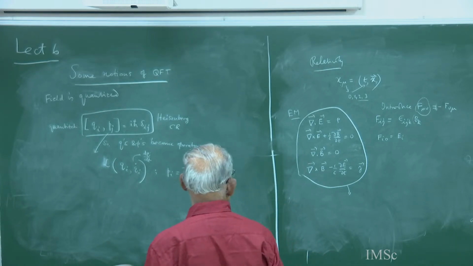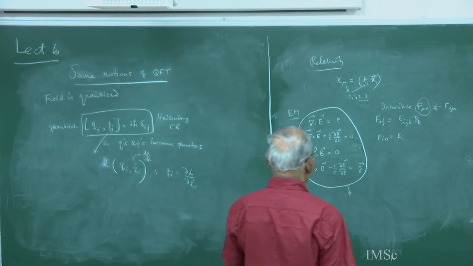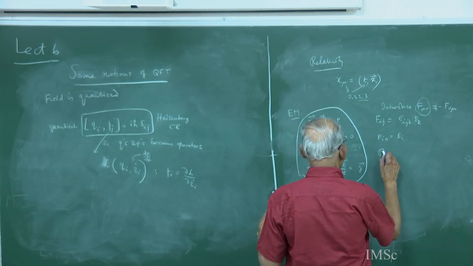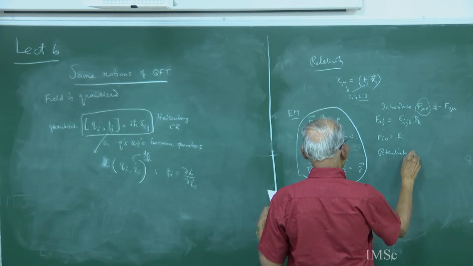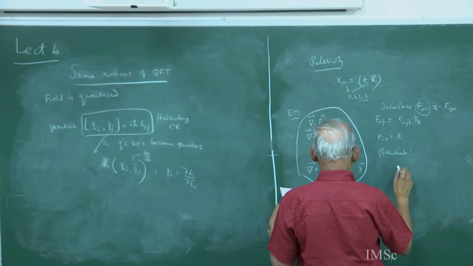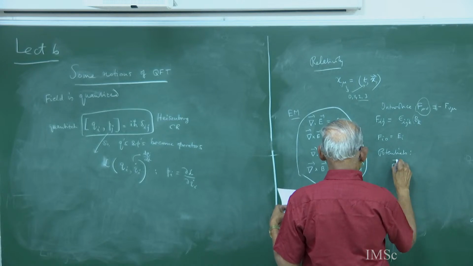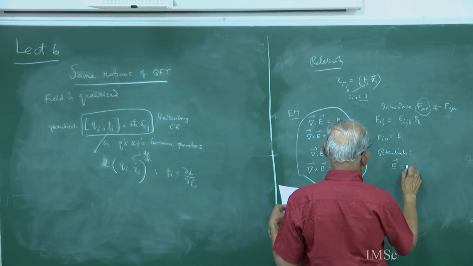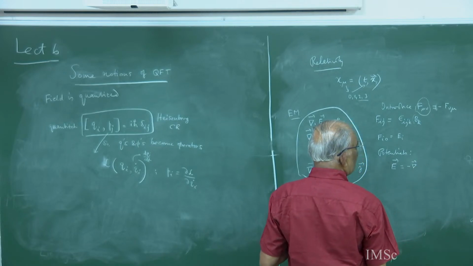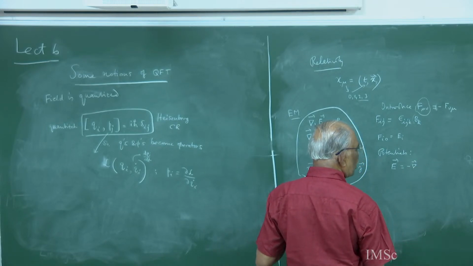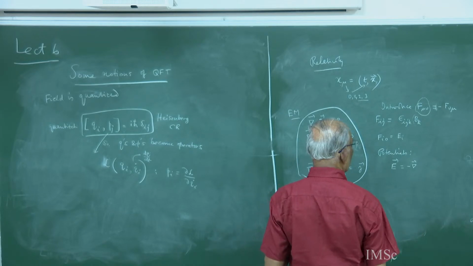So in terms of potentials, you can write the electric field, you will say, is minus gradient of a scalar potential, but again we have to organize these into 4-vector notation.